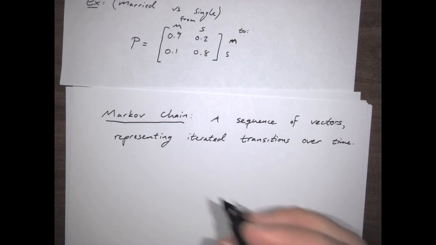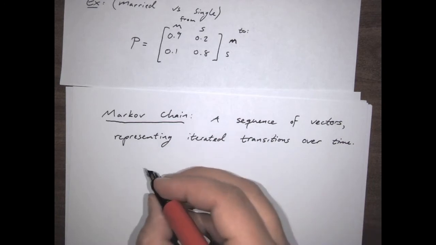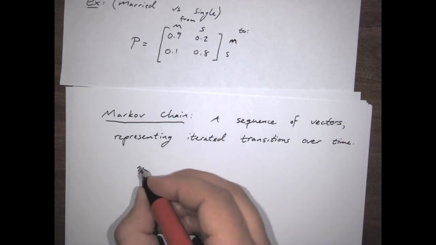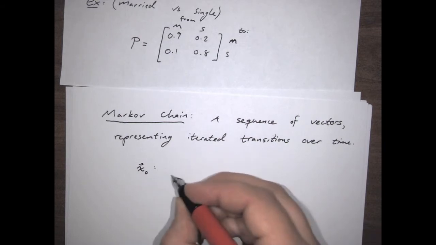And so we could say that this is x0. This represents the initial state.